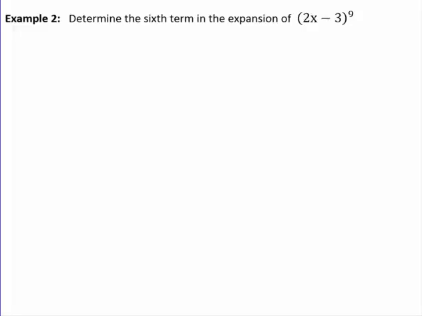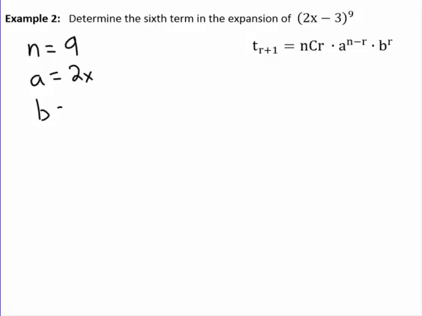Well, when we need a single term, we want to use the term equation. There's our term equation, and what we have to do is just get our a, b, r, and n out of the binomial. Well, pretty straightforward to start. N is always the exponent, which is 9. A in this case is the first value, which is 2x. The b is negative 3.